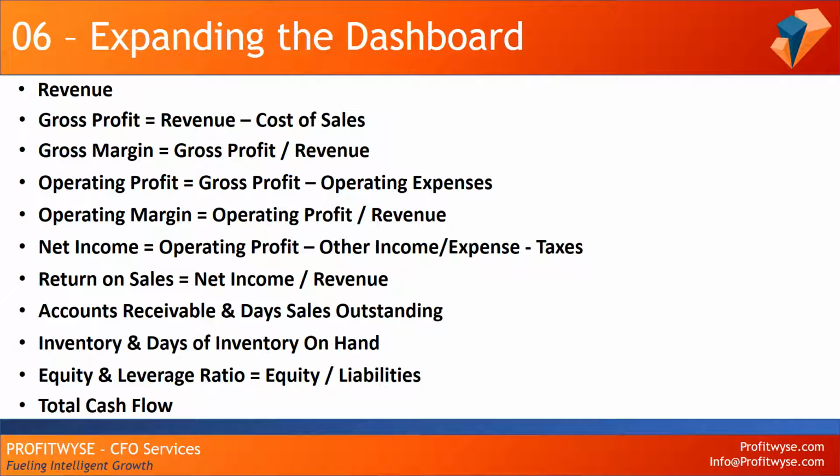So that's basically taking operating profit and subtracting any other income and expenses and taxes to get to the final bottom line, or net income, of the business. Typically, other income and expense items are things that are not really germane to the business.